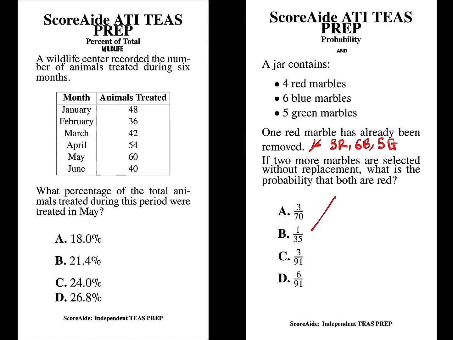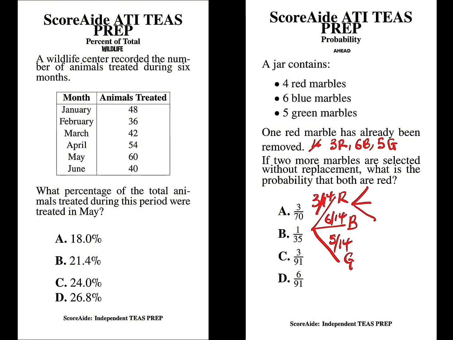So let's go ahead and do this tree diagram. So we have red, blue, green, right? The probability of red is gonna be the number of red divided by the total number of marbles. So it's gonna be 3 over 14. This one is gonna be 6 over 14, and this one is gonna be 5 over 14. And if you sum all of those, you will have 1.